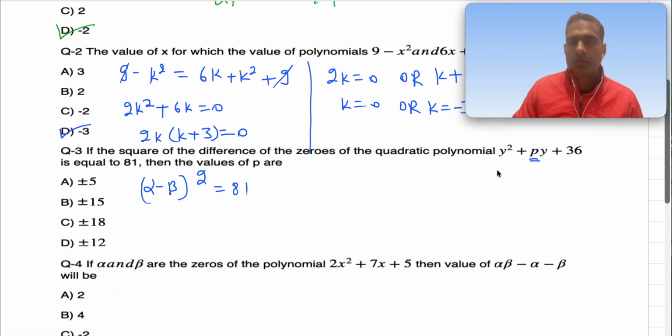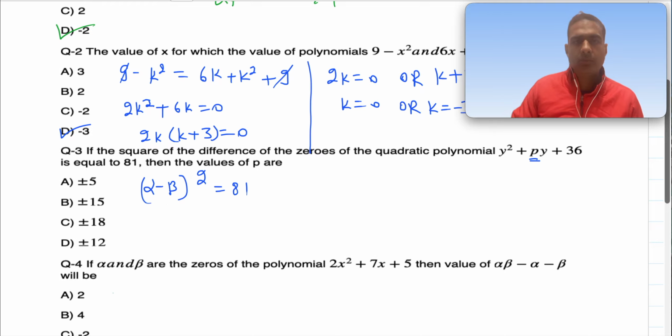We cannot find alpha and beta from this directly, right? Because we have an unknown p here. So, as in the first question, we will try to convert alpha minus beta whole square in terms of alpha plus beta and alpha beta.